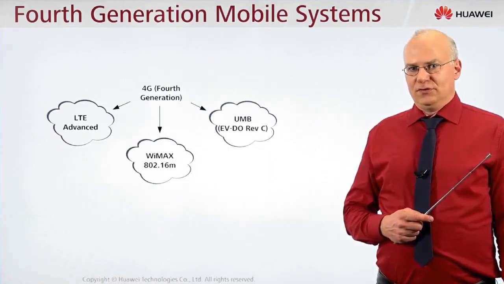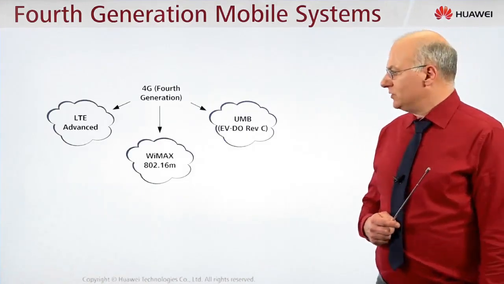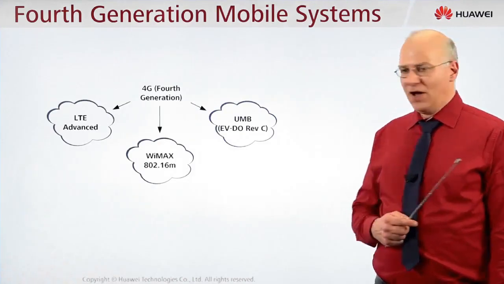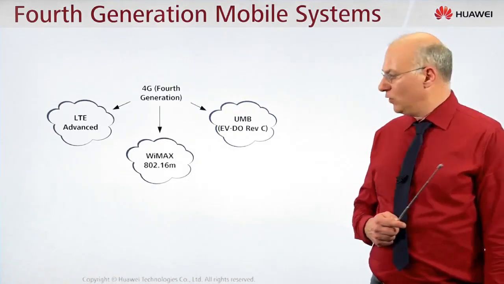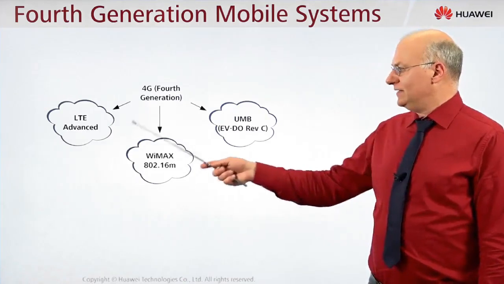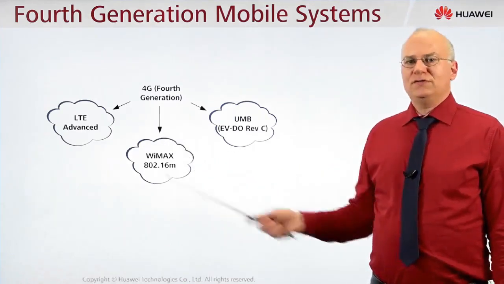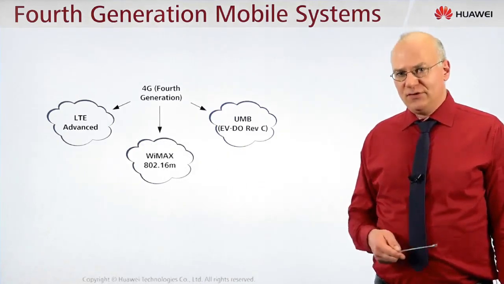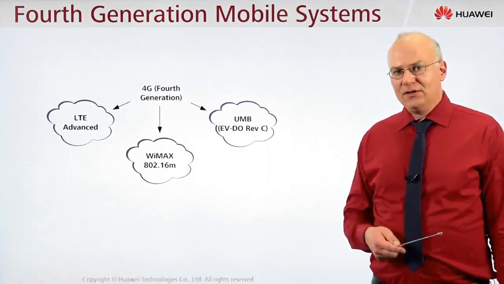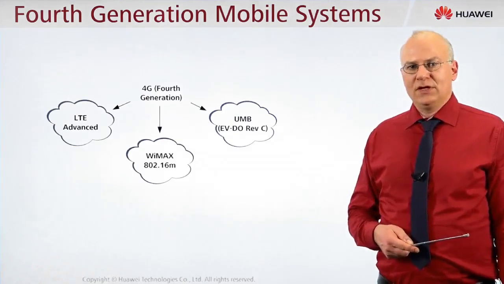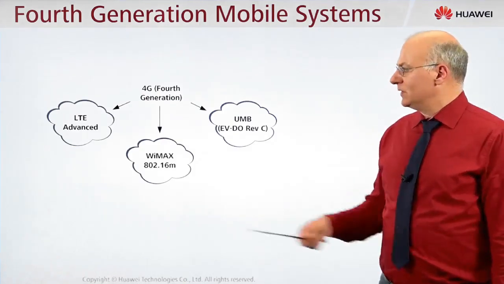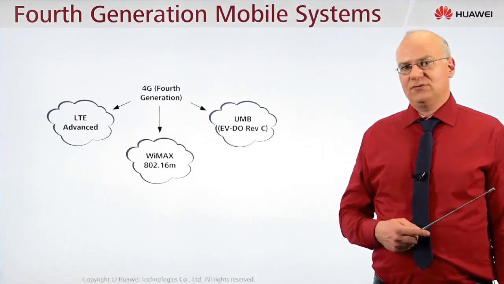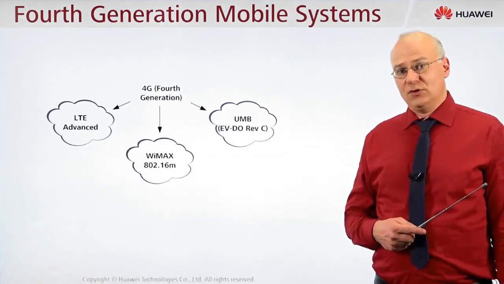So the fourth generation requirements are fulfilled by different standards. The most important one is LTE Advanced, which is backward compatible to LTE, and a further development using higher spectrum bandwidths and higher modulation schemes, offering data rates up to the required 1 gigabit per second and also higher.